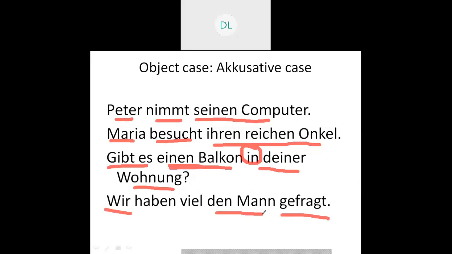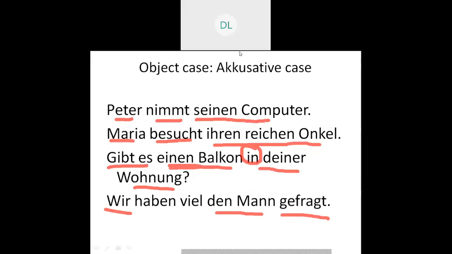If the sentence were in the simple present tense, it would be wir fragen viel den Mann, that is, we question the man a lot. Wir is your subject and den Mann is your object, and for the object I have used the accusative. Why? Because I have a pure accusative verb, which I discussed with you on the earlier slide.